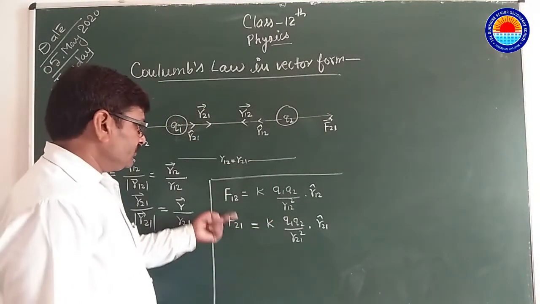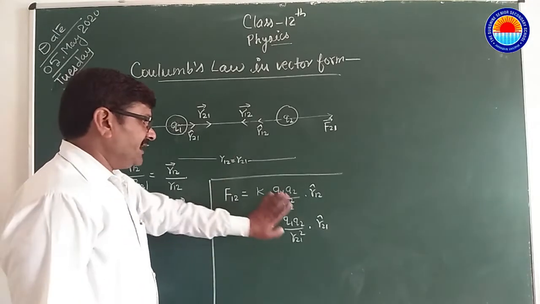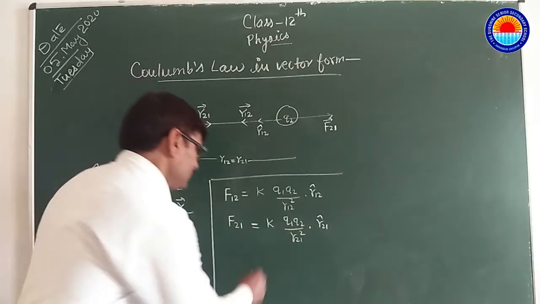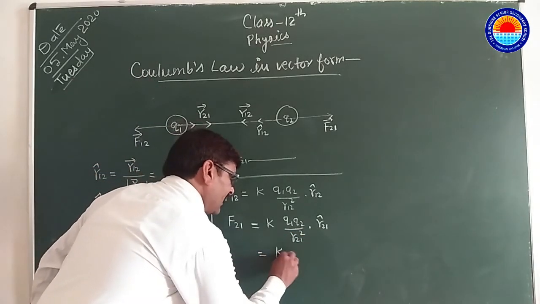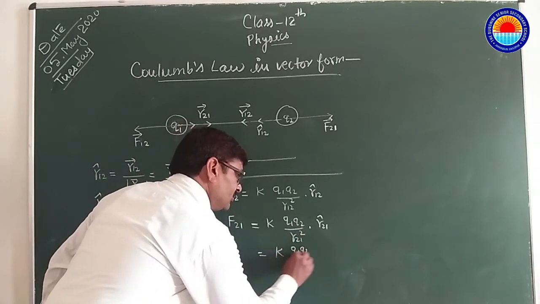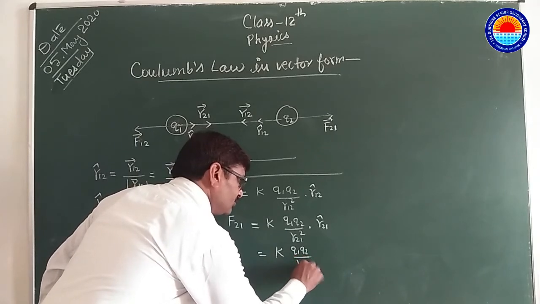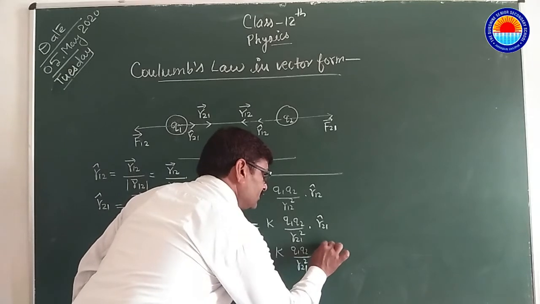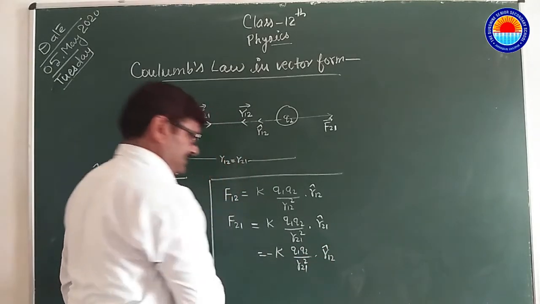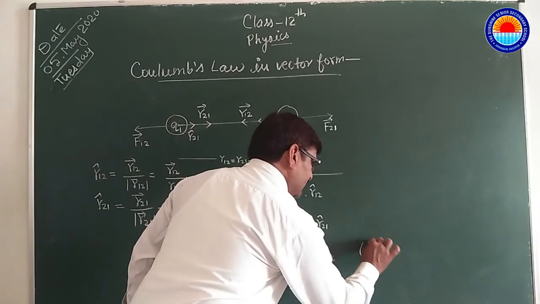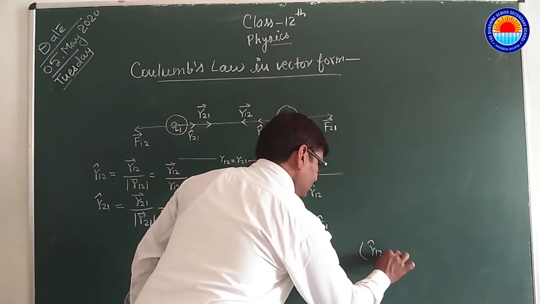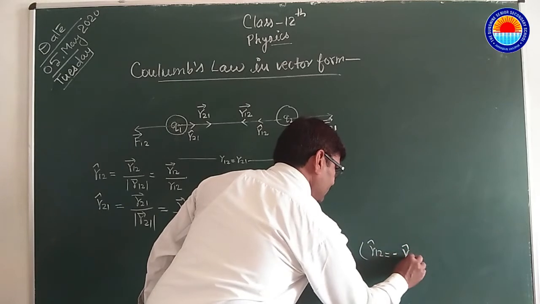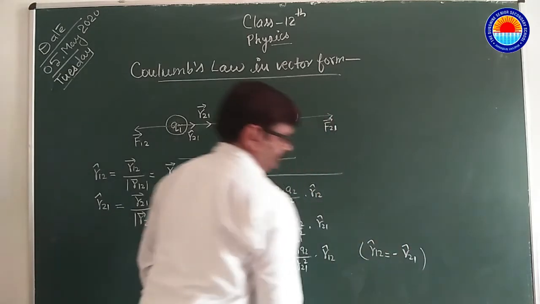Here, both forces are the same in magnitude but opposite in direction. This force is also written as K Q1 Q2 upon R21 square into R12 cap, with a minus sign inside because direction of R12 is equal to minus direction of position vector R21.